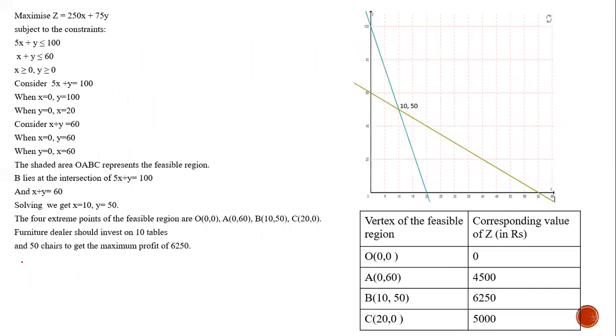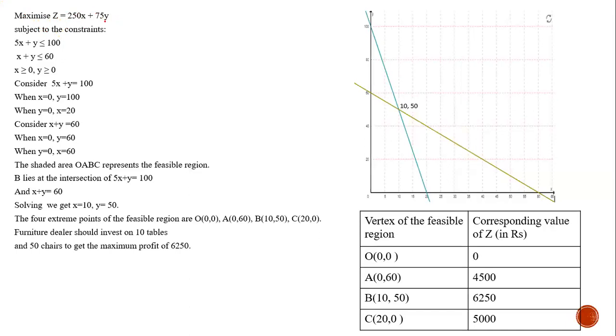According to the algorithm or the steps listed in the previous slide, let us discuss how we can obtain this solution. As we have looked into earlier, this problem can be formulated mathematically in this manner. Maximize z equal to 250x plus 75y.